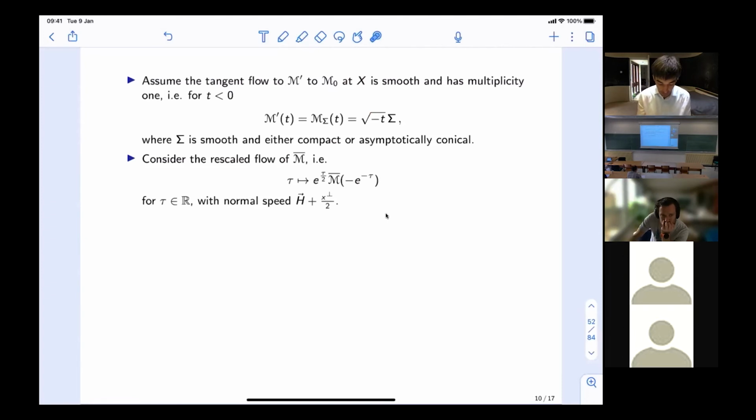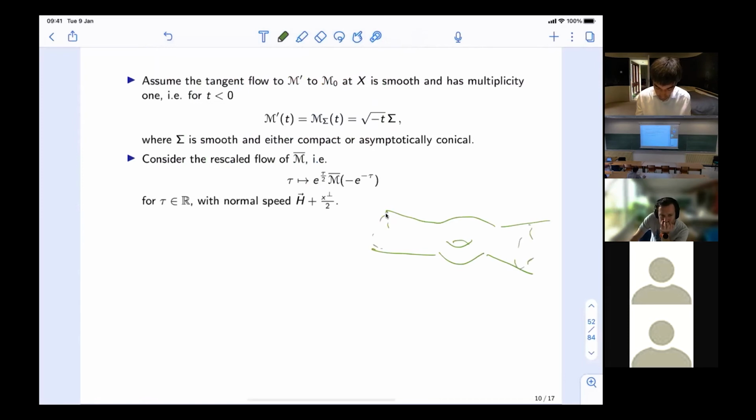But you see this flow on the outside, you can also rescale it like this, and you get a flow now, which in this rescaled picture, you have here the shrinker sitting.